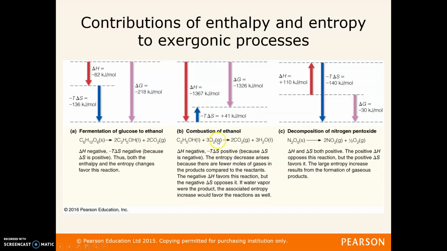Because if you're ranking materials based on solid, liquid, gas, solid is very low entropy, gas is very high entropy. So we're taking a hit there, but the overwhelming change in liberation of energy from those bonds itself, that change in enthalpy, still makes this a net negative delta G reaction.